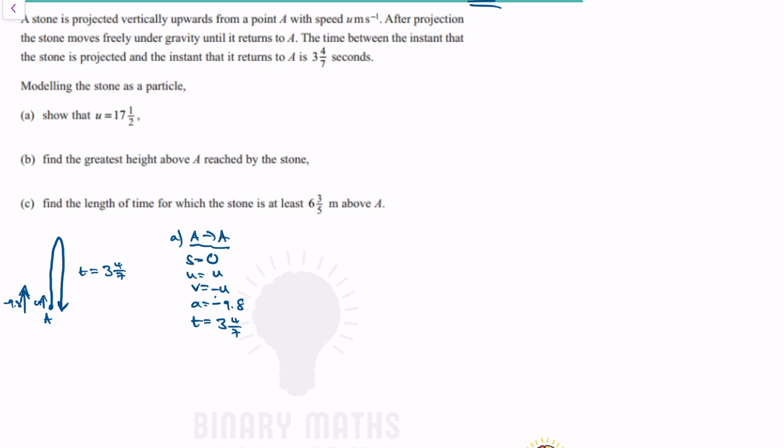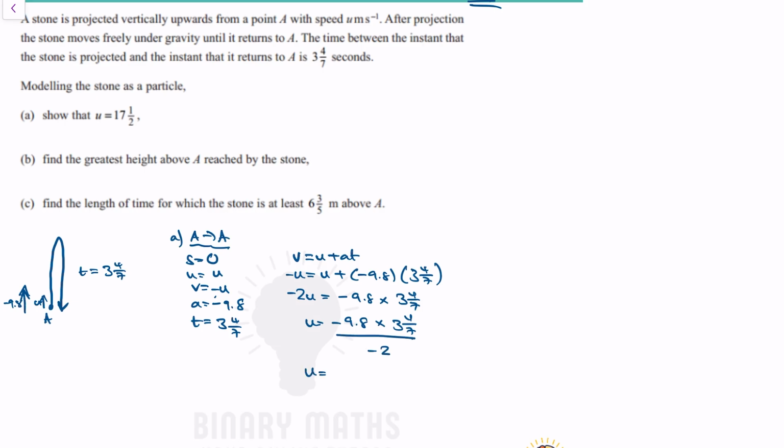I'm going to use v is equal to u plus at. So that means v, which is minus u, is equal to u plus minus 9.8 times 3 4/7, which means I get minus 2u is equal to minus 9.8 times 3 4/7. So u will be equal to, in my calculator, I need to put minus 9.8 times 3 4/7 all over minus 2, which gives me a value of 17.5 meters per second.